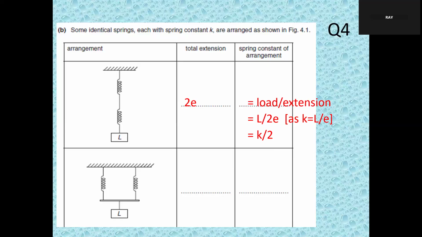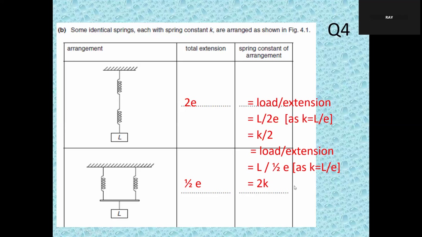So the extension is half E. Then same, to find K is load over extension. Load is L, extension is half E, right? Times 2 at the bottom and times 2 on top, we get 2, and L over E is K.